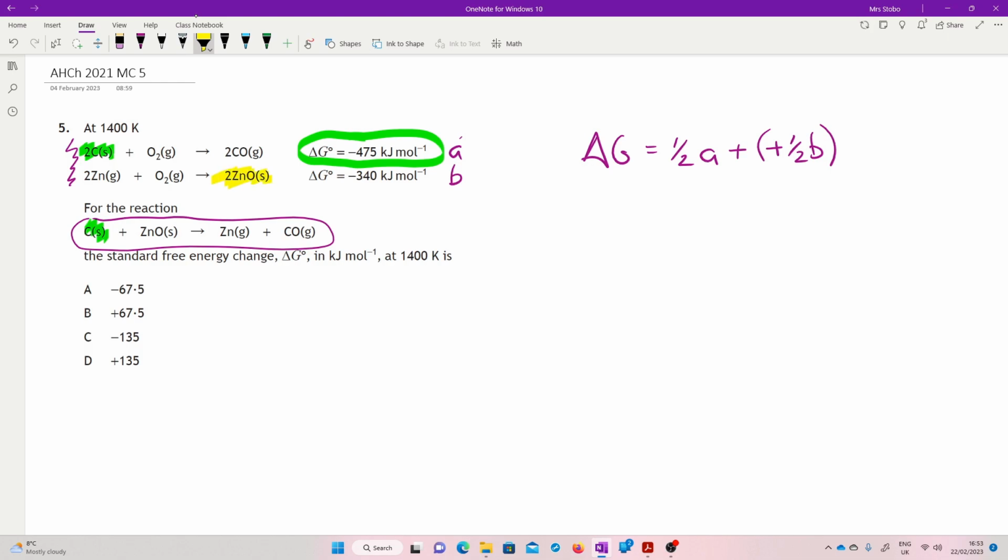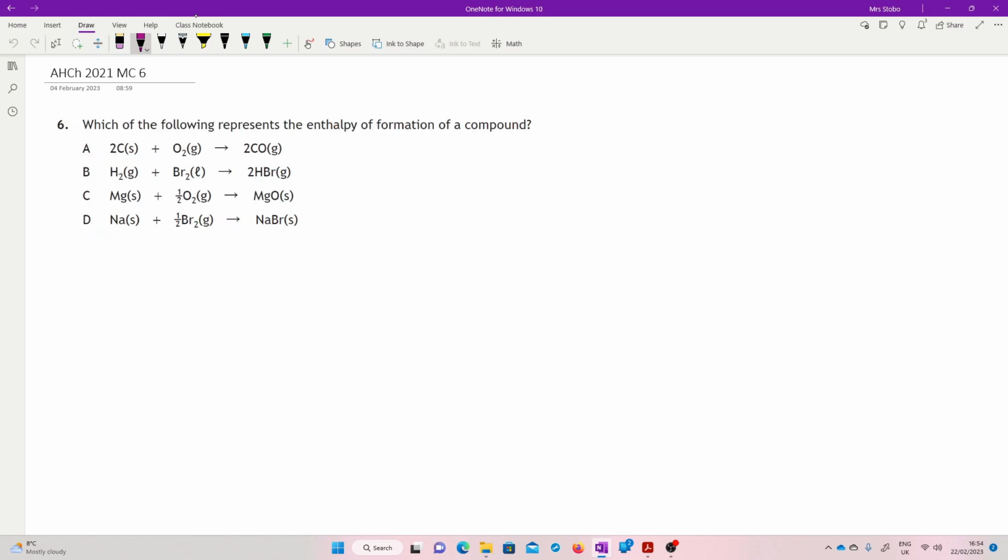It's 2 and I need it to be 1, but it's also on the wrong side. So I need to flip it over, change this to a plus, and half it. My sum should read as 2 minus 237.5 plus 170. Pop it in the calculator and get your answer.